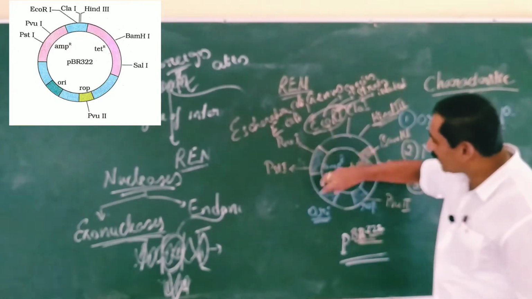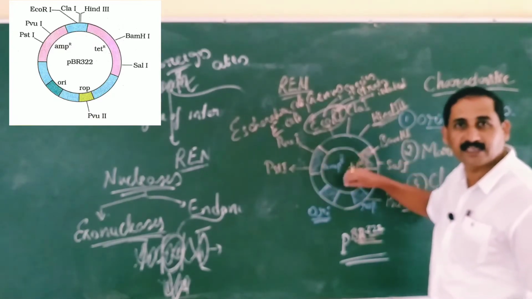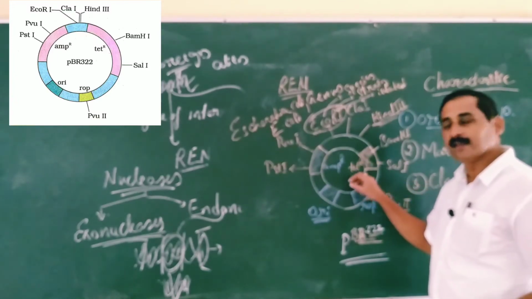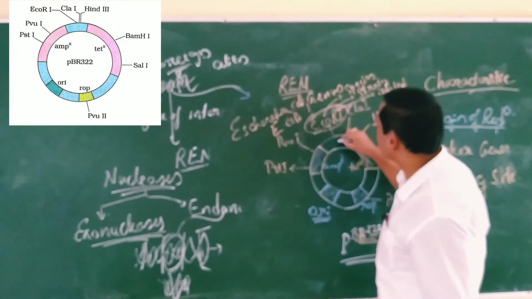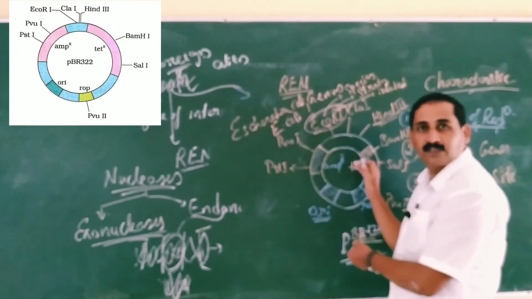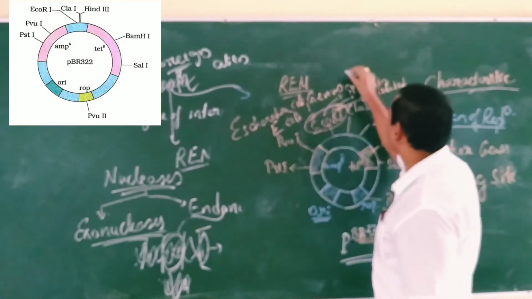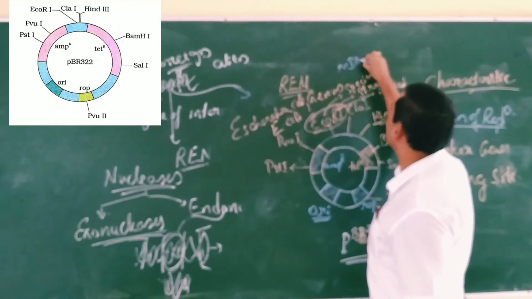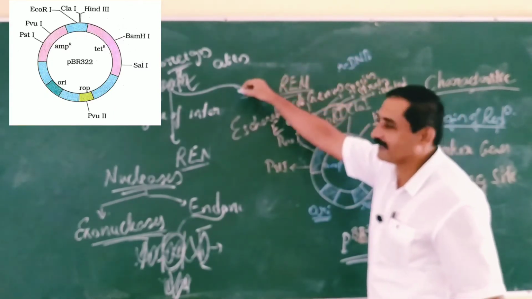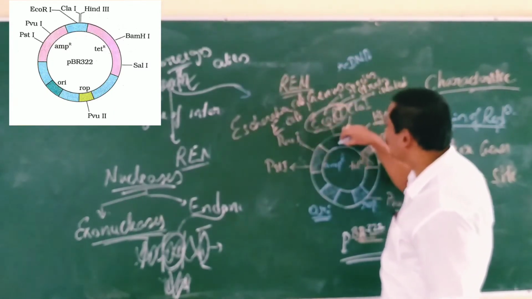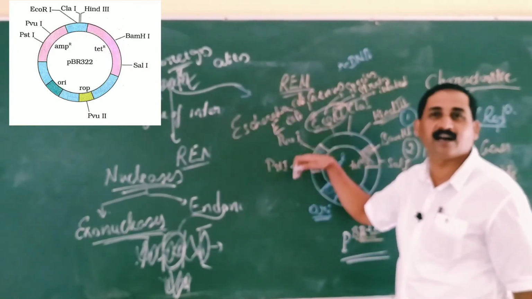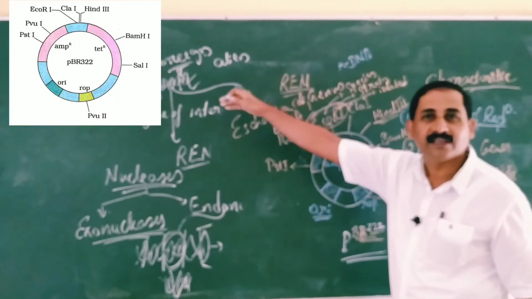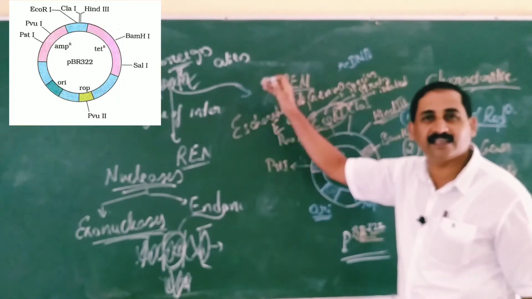Any plasmid should have the origin of replication, because the gene so isolated should be inserted in this plasmid to produce the recombinant DNA, or rDNA. The inserted gene of interest or foreign gene should replicate.